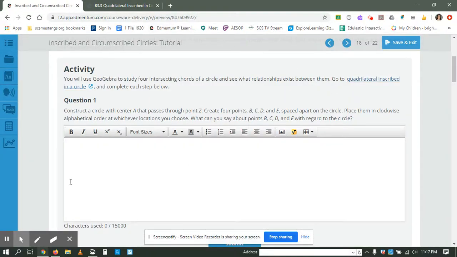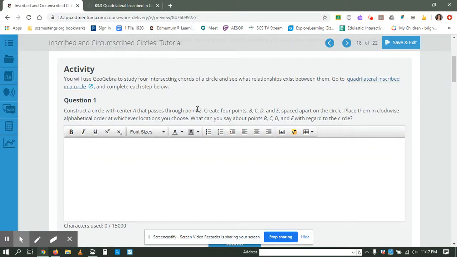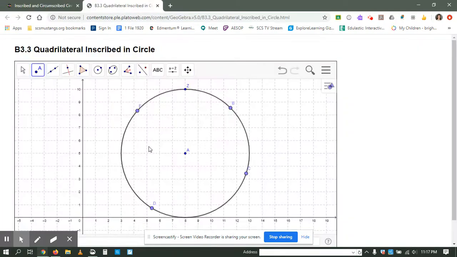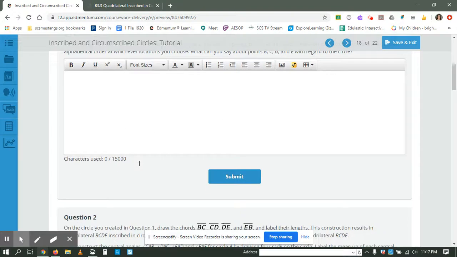And it says place them clockwise, alphabetical order, whichever locations you choose. And that's what I did, B, C, D, and E. And then what can we say about those points B, C, D, and E with regard to the circle? I'm going to let you think about that one. Pause the video if you need to, answer that question, and then type it in there.